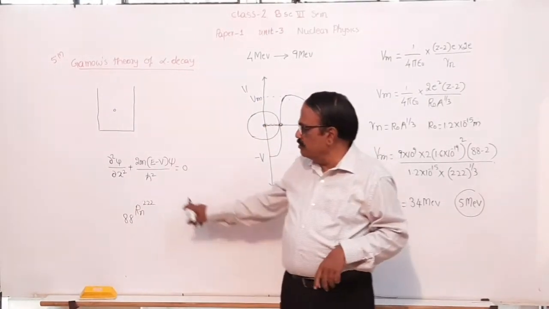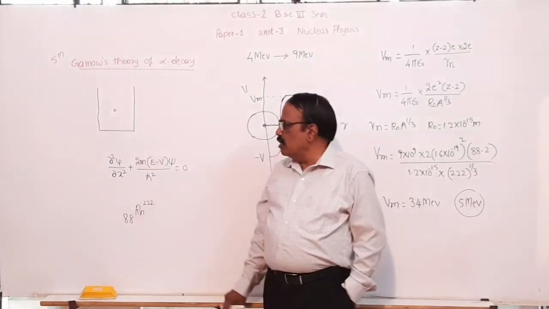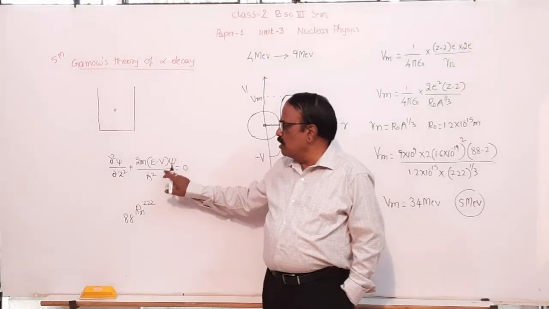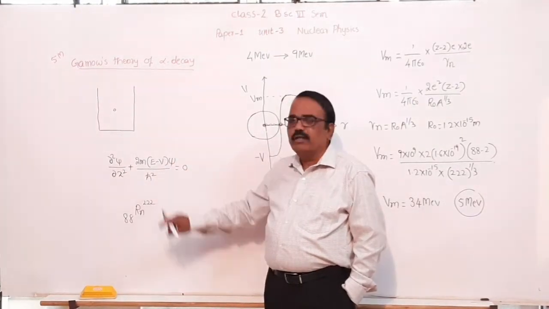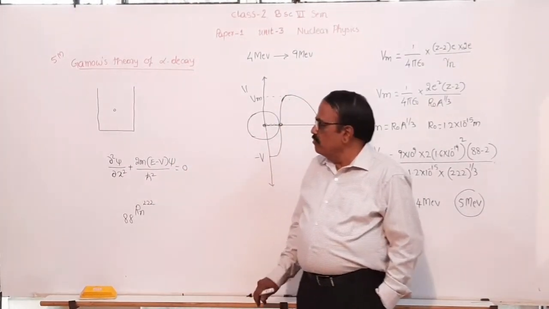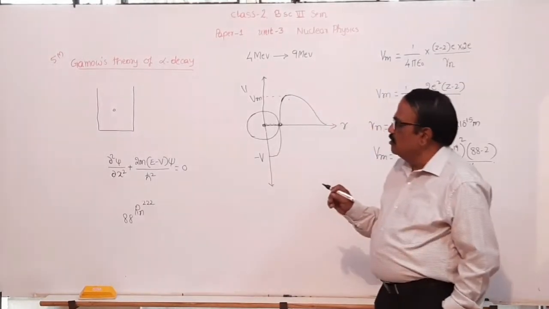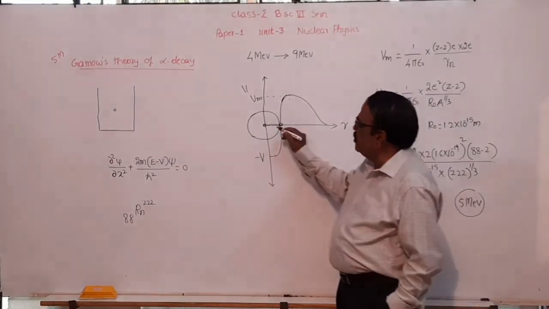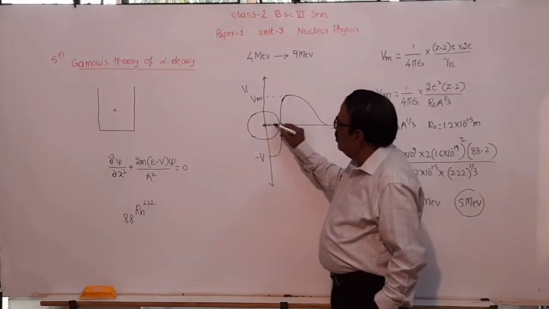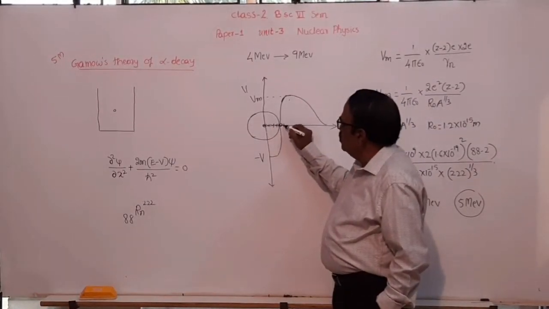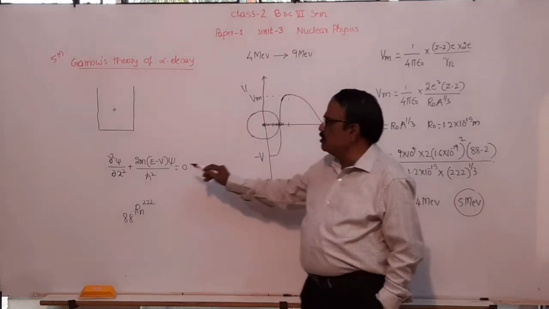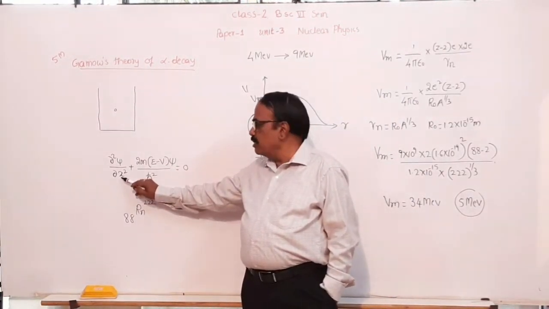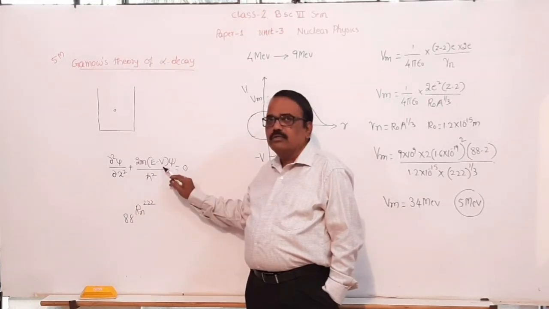It obeys this equation: delta square psi upon delta x square plus 2m (E minus V) psi upon h cross square equals 0. Then if you solve this Schrodinger's equation at different positions, you know that at different positions this V varies, x also varies. As x varies, V varies.